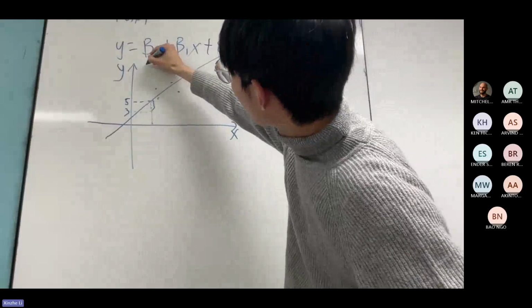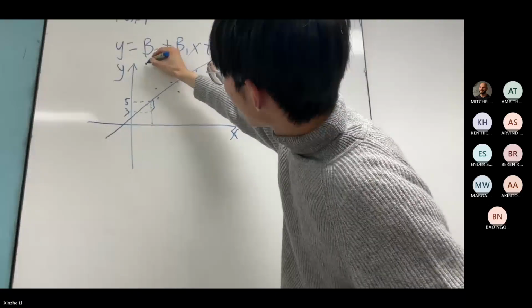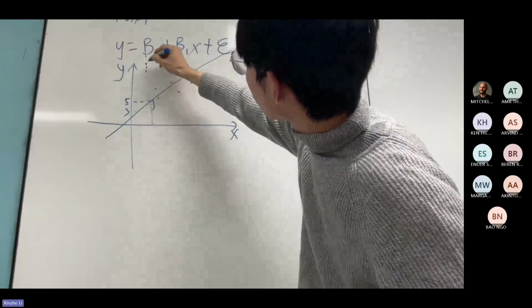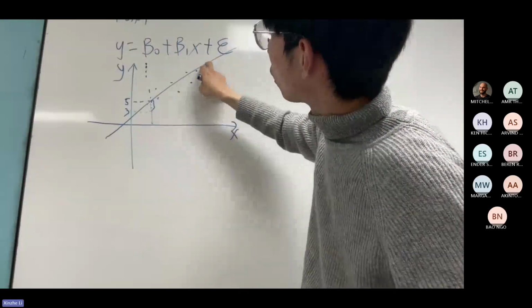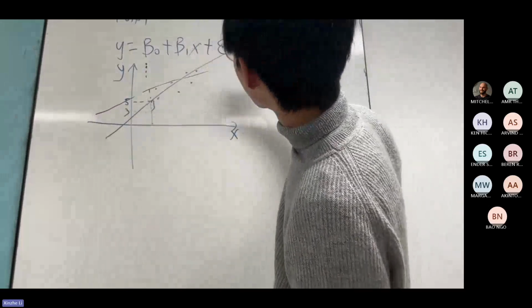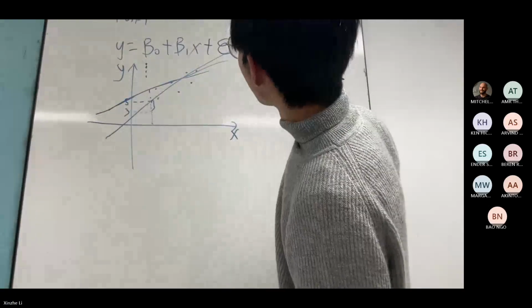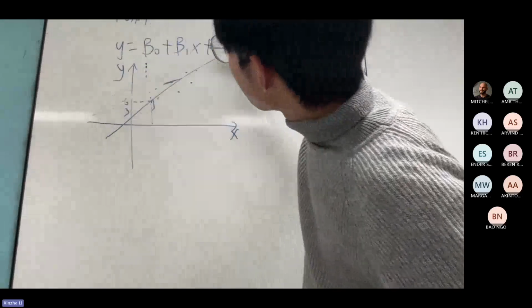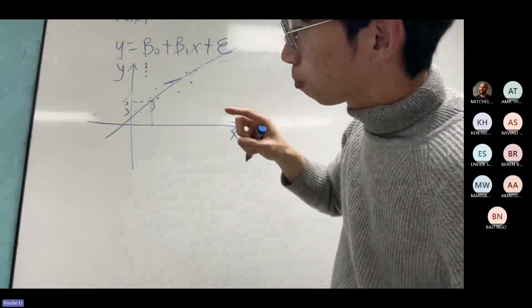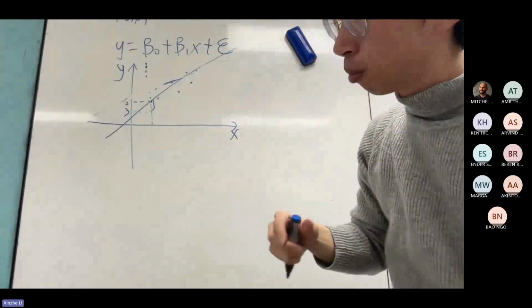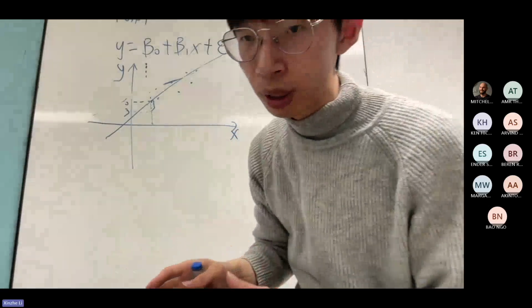If the point is far away, then the epsilon will be very big. No, it won't be this line. If the point is here, the line should maybe be something like this. So the epsilon is less likely if it's far away from 0. It's mostly around 0.